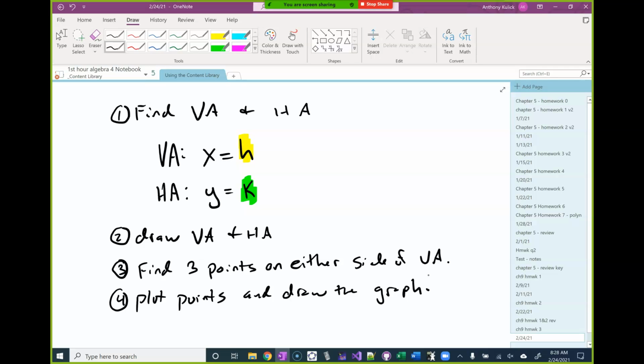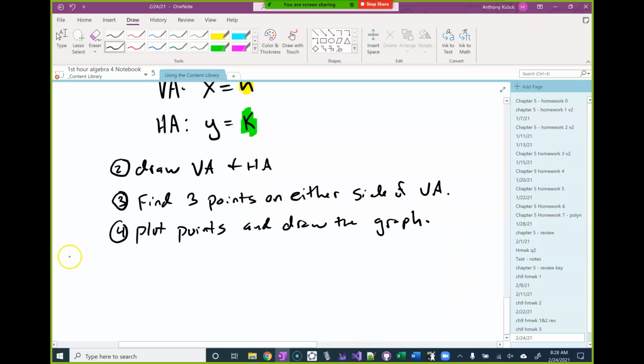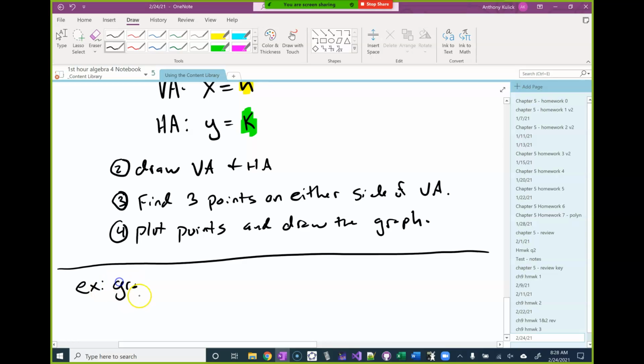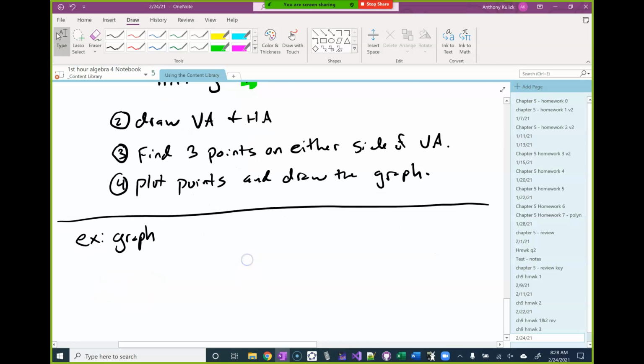So let's do an example here. Let's say we want to graph y equals 1 over x plus 3, minus 2.